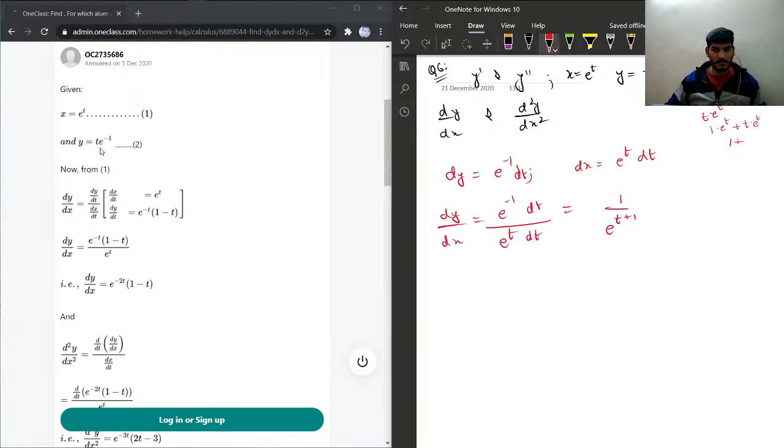So this will become 1 plus e power t. But the question is different here. The derivative is in terms of, okay, so they have given the wrong solution here. Okay, so the solution given by junior tutor is not correct here.